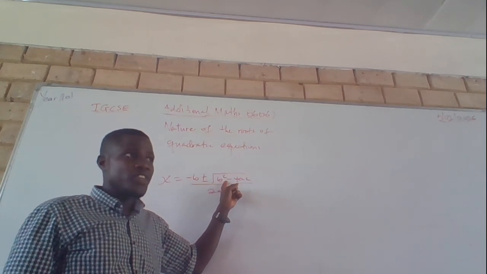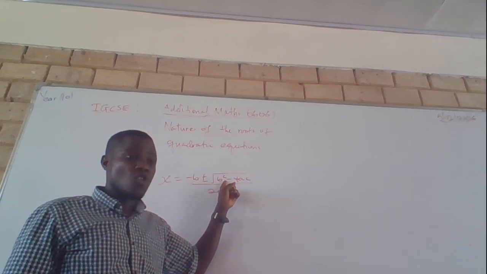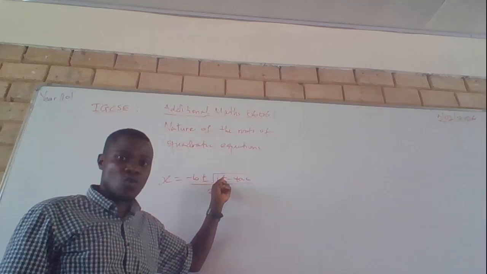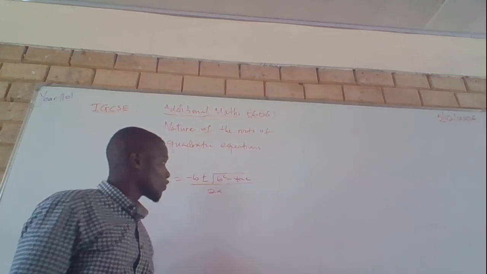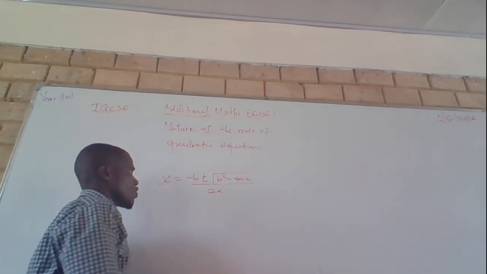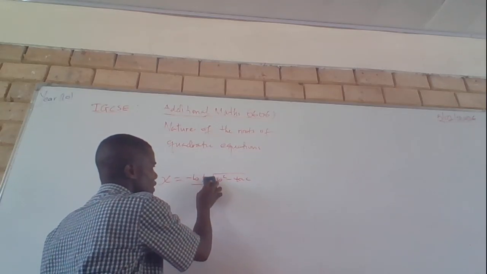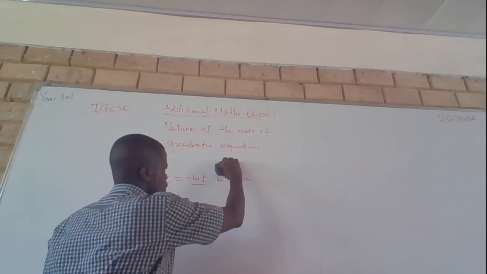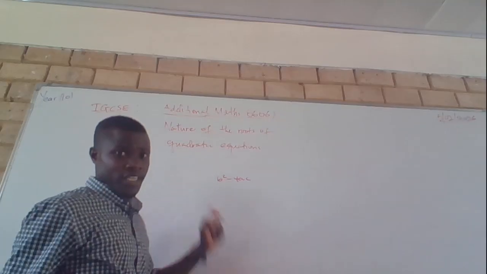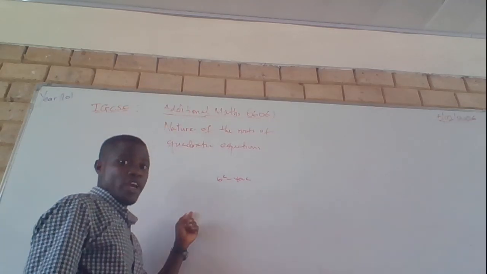So if that happens, you get complex roots. So in this case, we want to focus on the expression under the root, which is b squared minus 4ac.